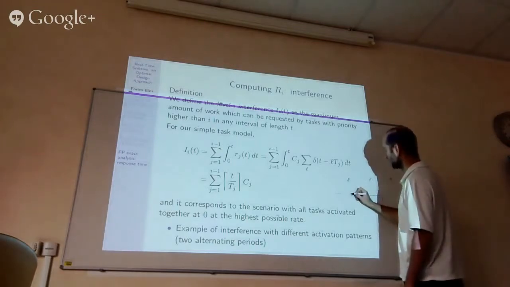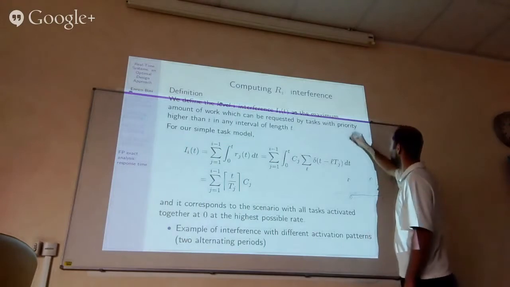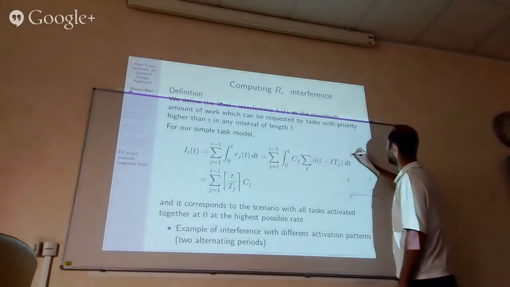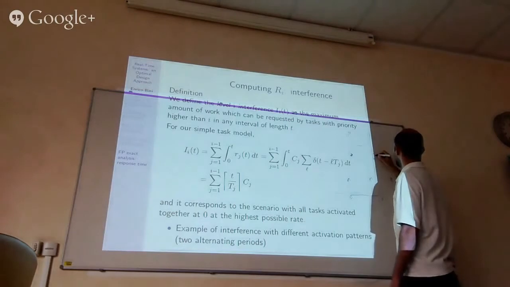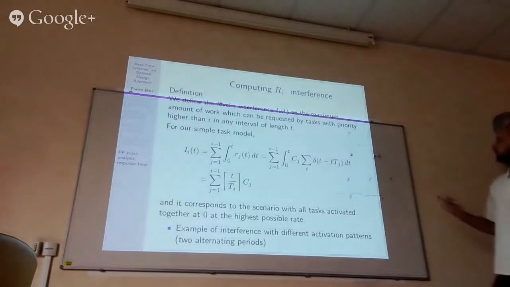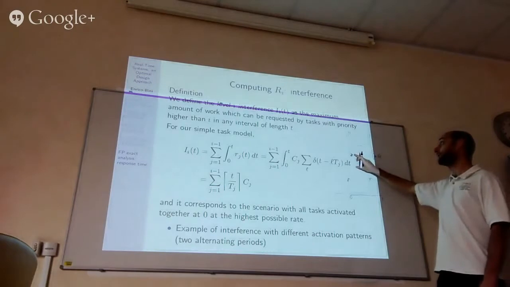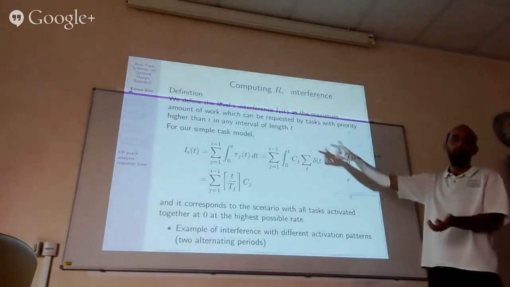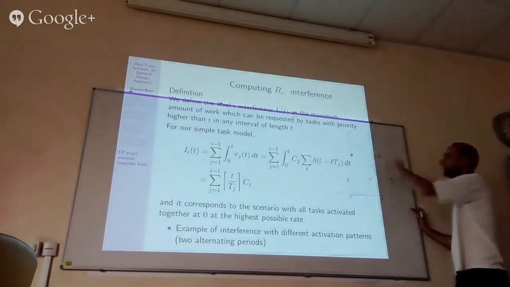Something that was in a footnote, but I better repeat it now. When I write the integral between any a and b of whatever, I interpret it as the integral over an interval which is left closed and right open. So when I do the integral from 0 to 0, which is t equal to 0, it is the empty interval, so it's 0 because the integral over the empty set is 0.